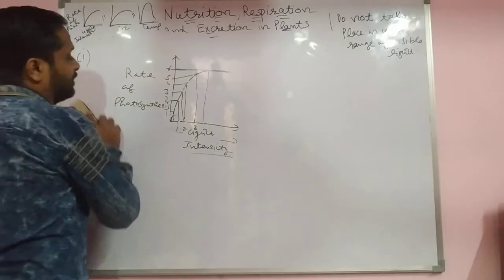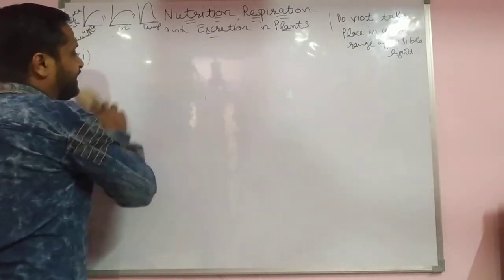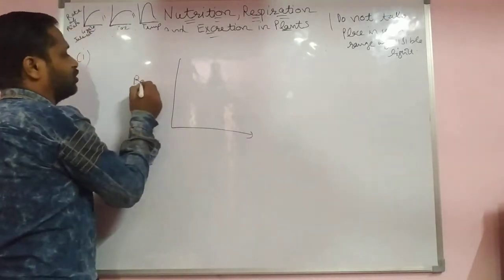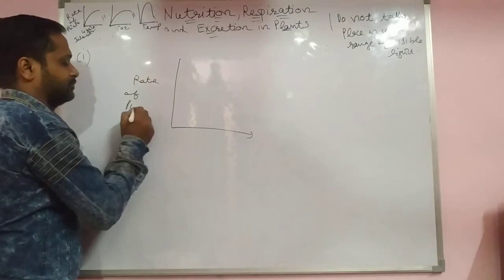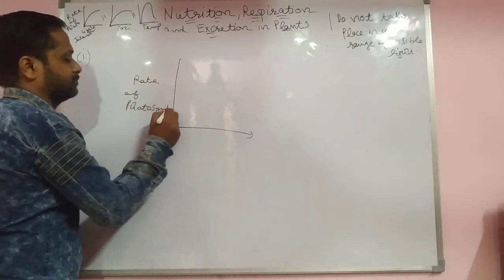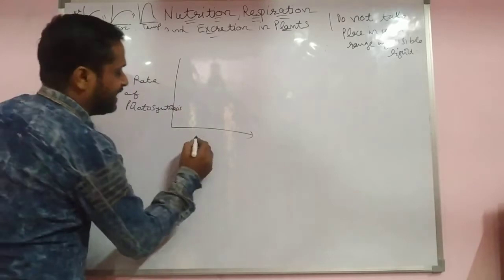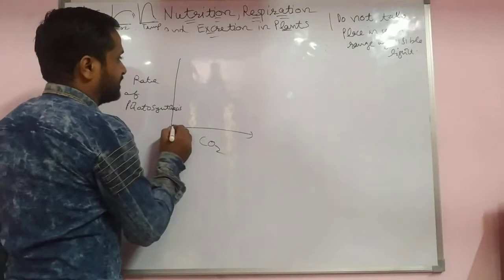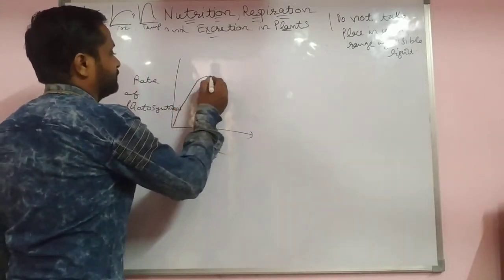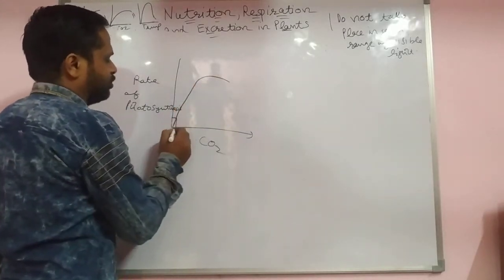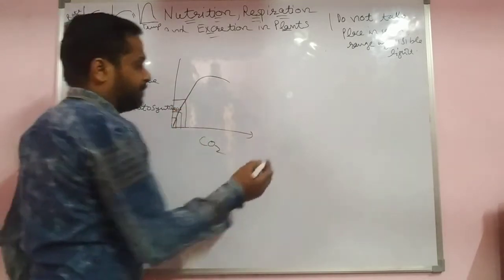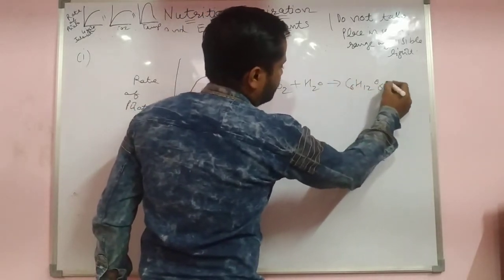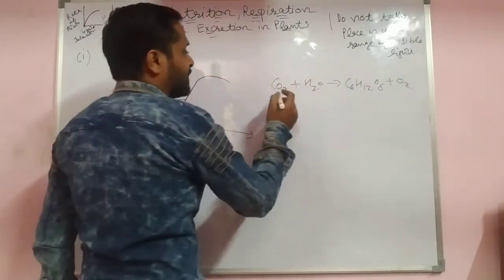Second graph, if we take CO2: the graph between the rate of photosynthesis and the intensity, or quantity, of CO2. Yes, this graph is also like this, students. When CO2 increases, obviously, keep in mind, the reaction you already know, balance it there.